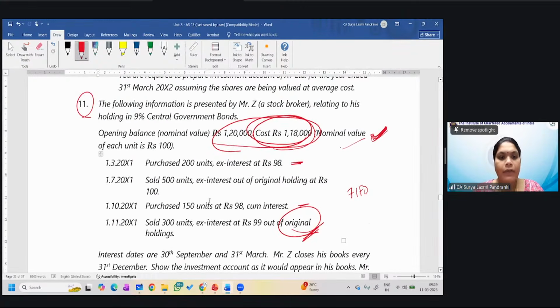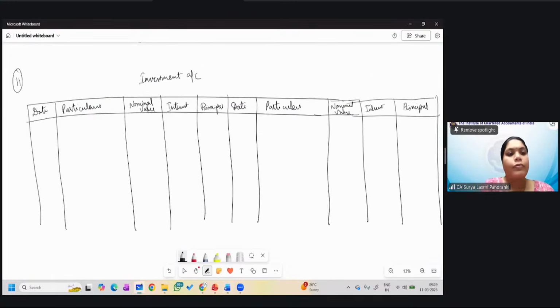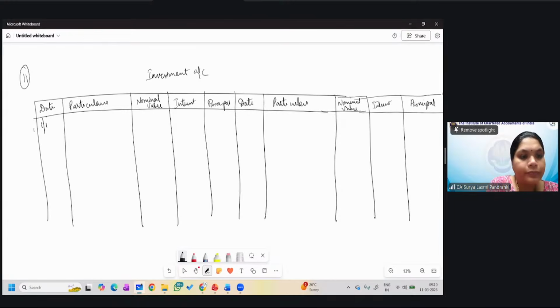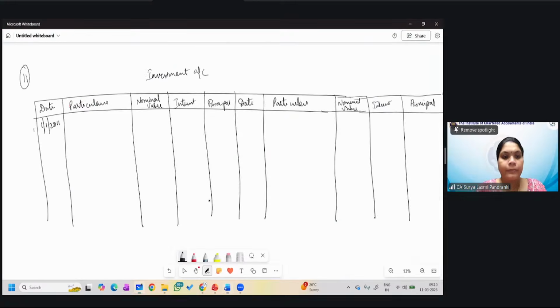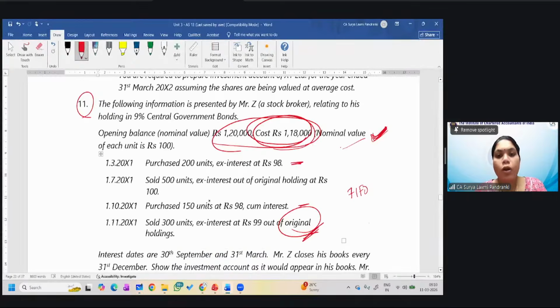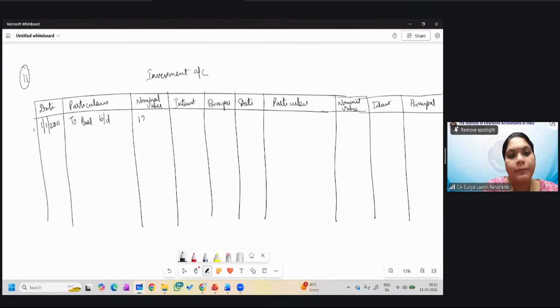The opening balance that we have, it will be on 1st January 2011. They told nominal value is 1,20,000 and the cost is 1,18,000.